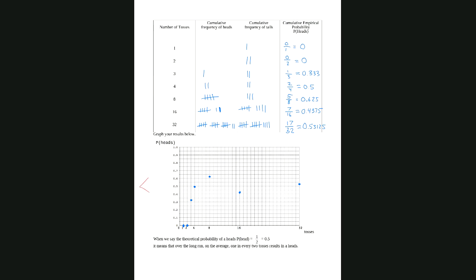It is found by the tree, and there is 1 success in the tree out of 2 possible outcomes. So the true theoretical probability is 0.5. Now let's go ahead and make a nice horizontal line where that occurs. That's a really important value.